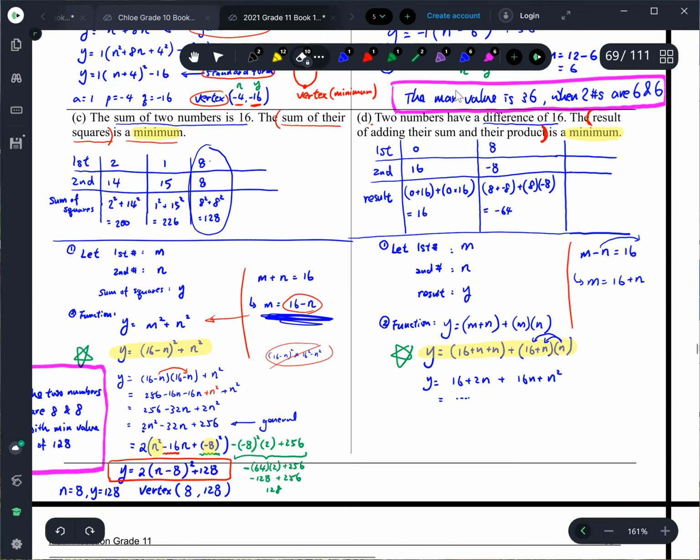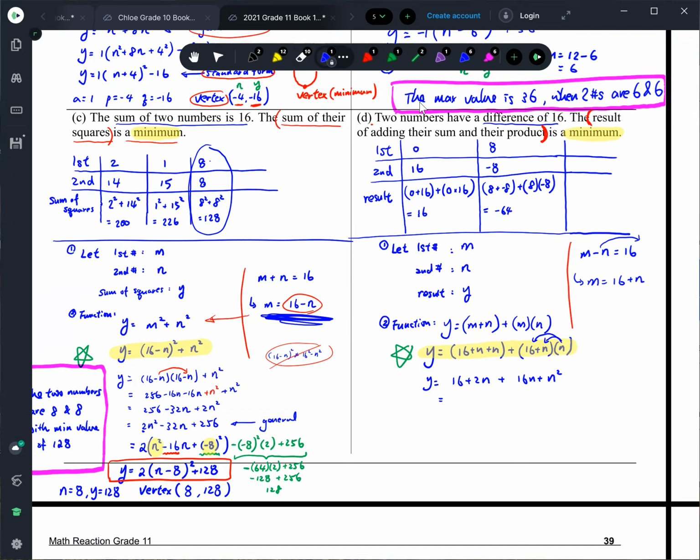I think by now you should have the general form, right? Let's check the general form first. Tony, do you have the general form? Nope. I haven't. I'm trying to write down the last example.